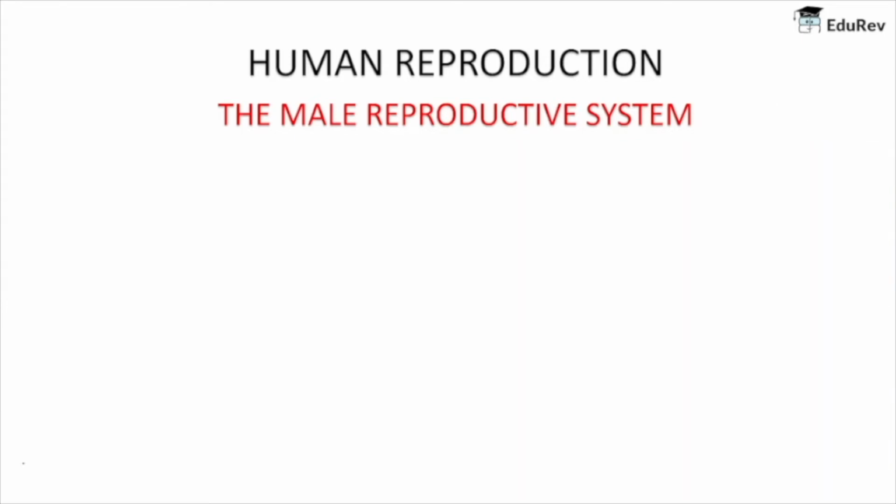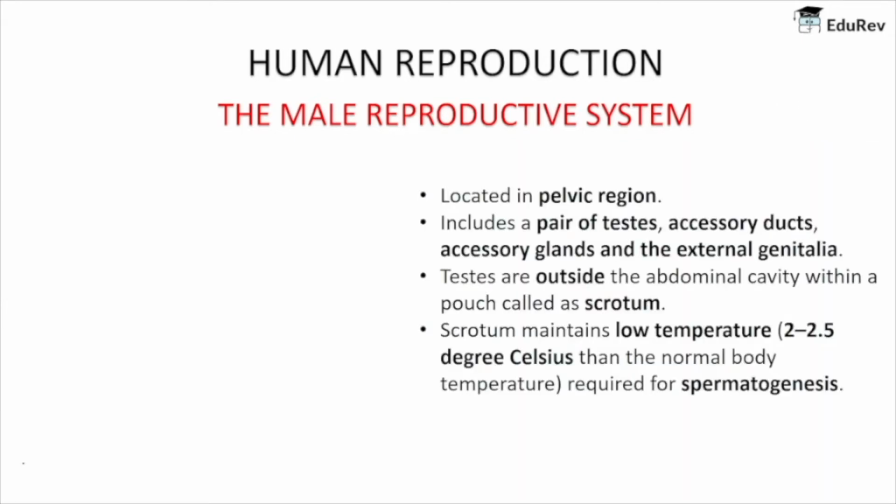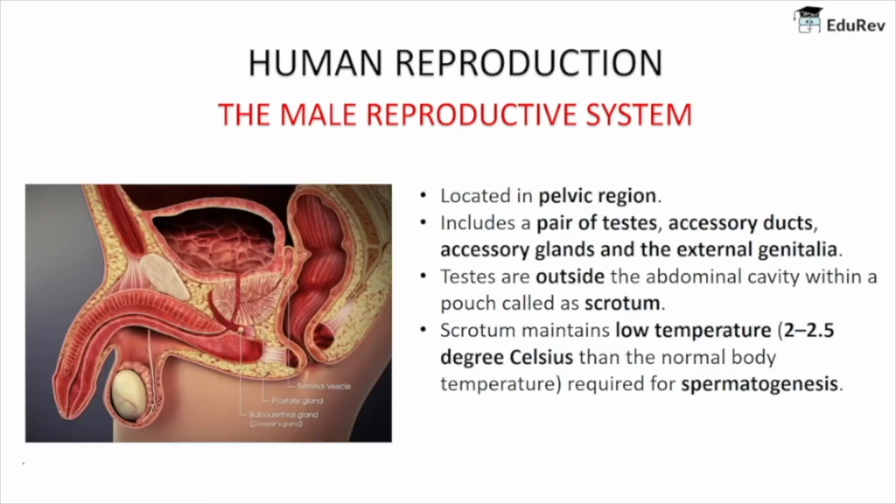So giving it a quick look, what we have just studied is that the male reproductive system is located in the pelvic region or pelvis region. It includes a pair of testes, accessory ducts, accessory glands, and the external genitalia. And as we have studied, the testes are present outside the abdominal cavity within a pouch called the scrotum.